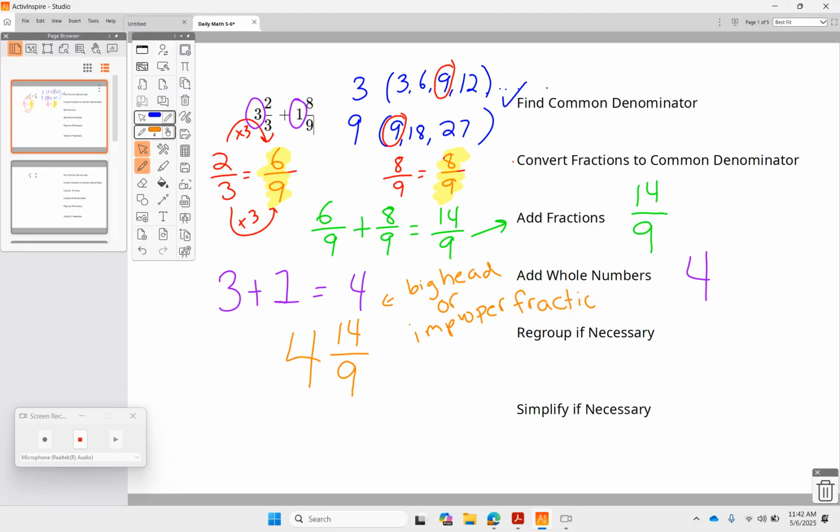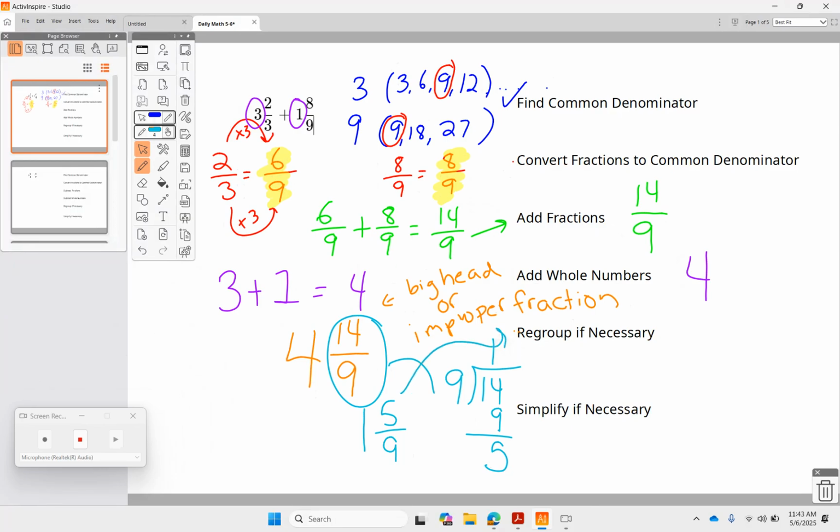So that's where this regroup, if necessary, comes in. So I have to take 14/9. 9 goes into 14 one time. So 14/9 is 1 and 5/9. That's this regrouping.